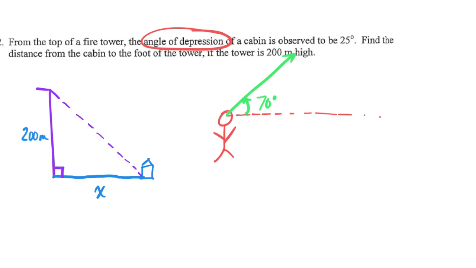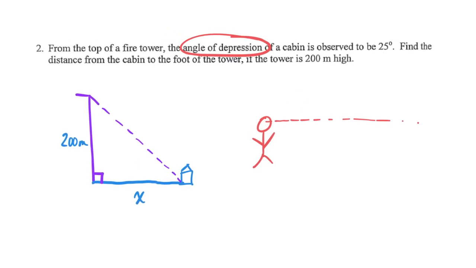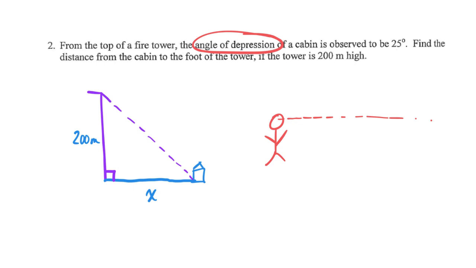So let me get rid of that green and let me do the same thing now. Now what I want is the angle of depression. So I start looking straight out, neutral position, and then if I'm going depression, I'm going down. There is my angle of depression. You can see it with that green angle marker. So maybe you can look back on the diagram now and we can see where the mistake was.